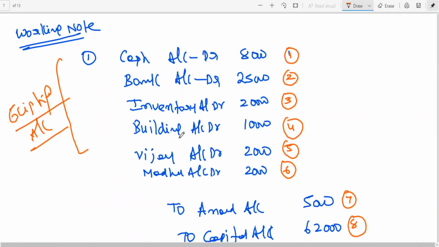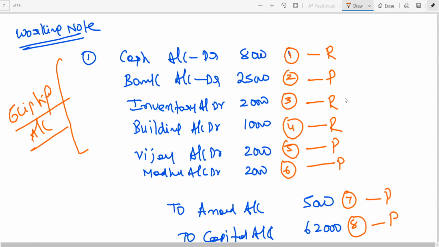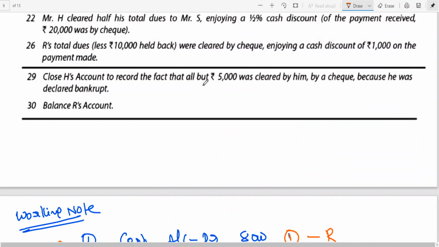I told you only personal accounts and real accounts will have balances. Suppose cash is a real account, bank is personal, inventory real, building real, Vijay personal, Madhu personal, Anand personal, capital personal. All nominal accounts are closed by transfer into the profit and loss account. Simple logic that we can learn later on. So that is why we already open accounts. When this debit indicates a debit balance, please remember I am giving one more note to you today.